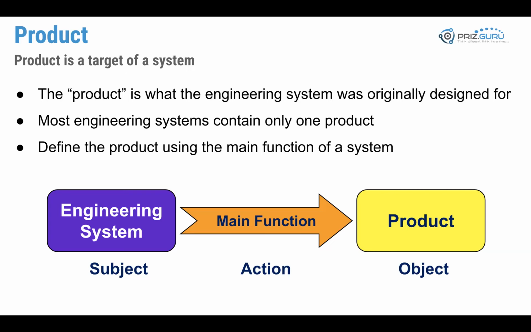But if you want to shorten the model, you can say, okay, my product is CO. Or my product is, I don't know, the hot air near the engine, and so on. But generally speaking, this is what our system is built for.